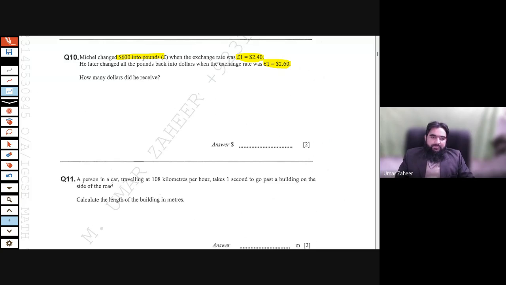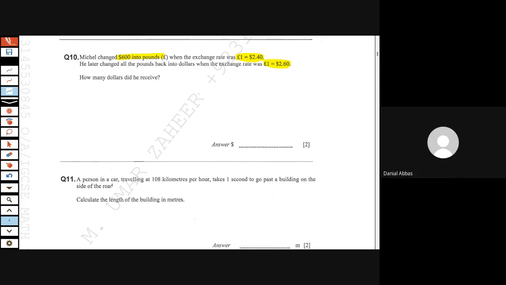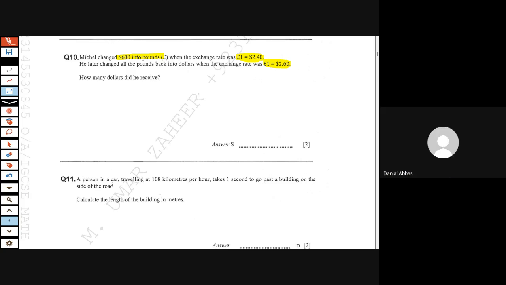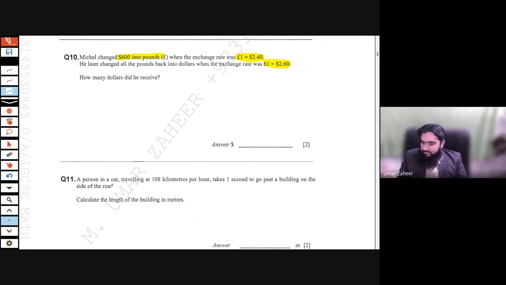Yes, Mozaf, any idea? Daniel? Yes, sir. Yes. First we will divide 600 by. Yeah, you have to convert $600 into pounds first, right?